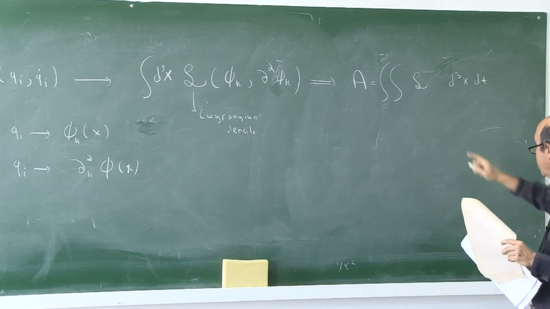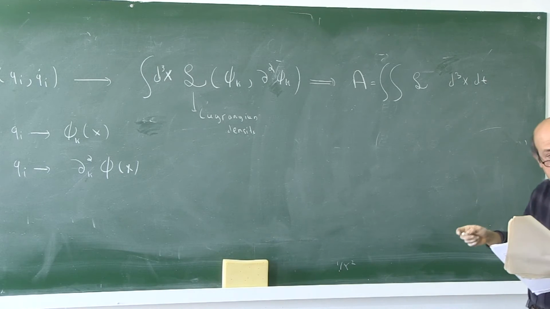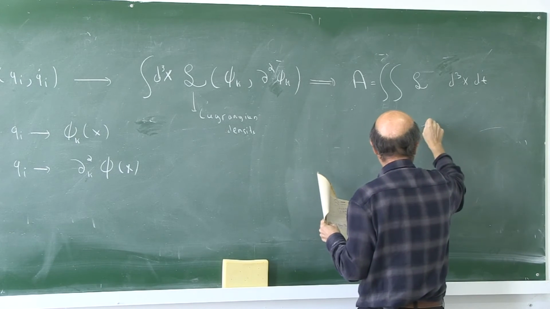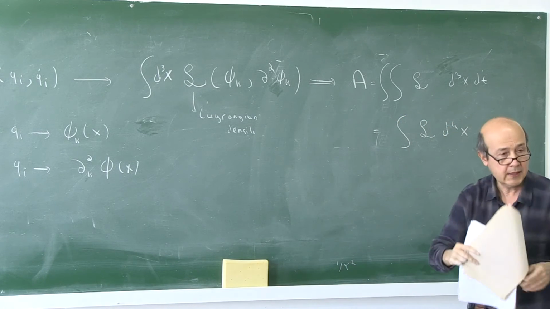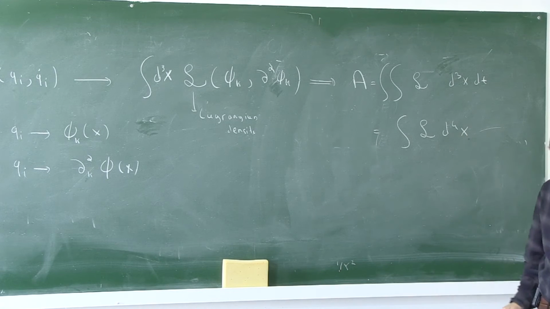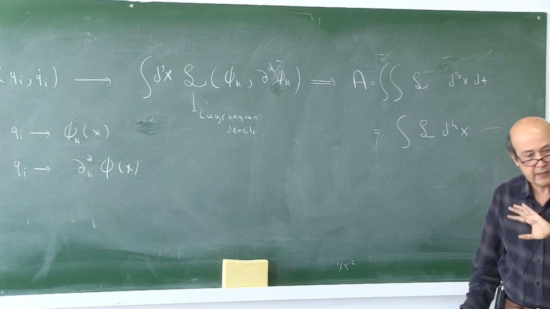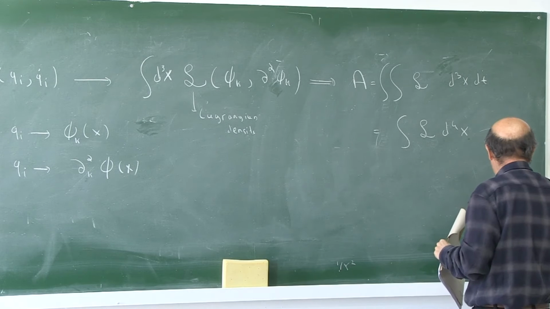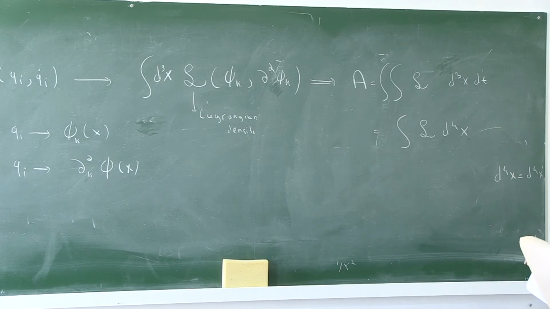Then we can call the d cube x dt a four-dimensional integral. And I showed you that this four-dimensional integral element is the same in all Lorentz frames, inertial frames. So basically d to the 4x and d to the 4x prime are the same.